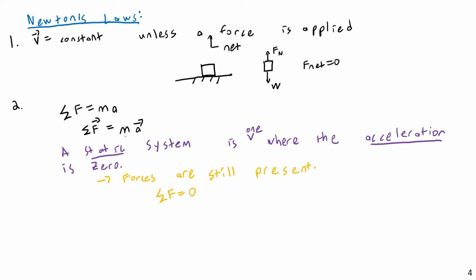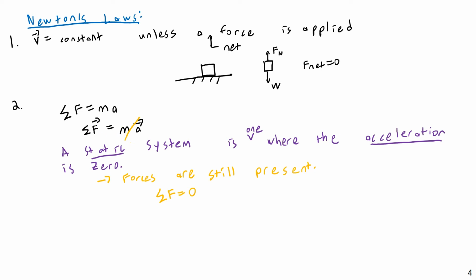Again, statics class fundamentally crosses out the a, or sets it equal to 0, and that cancels out the entire side of this equation. Normally when you're dealing with dynamics problems, for example, you will have some forces on this side and some accelerations on this side.